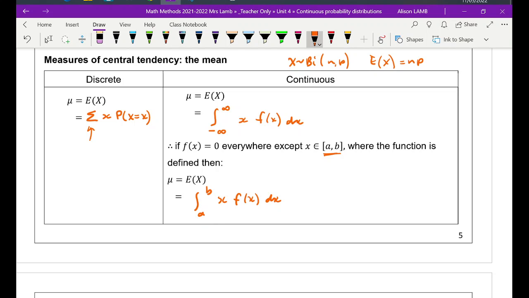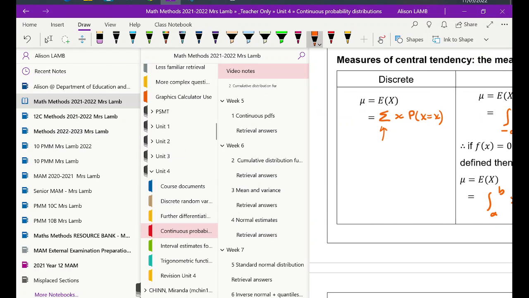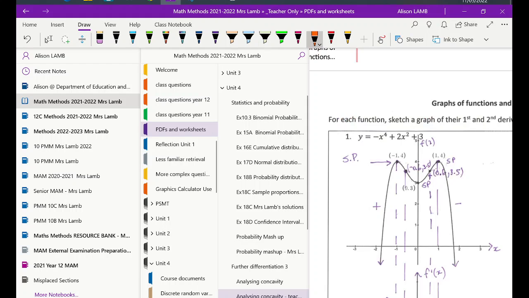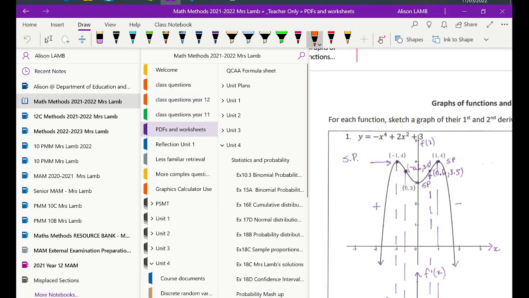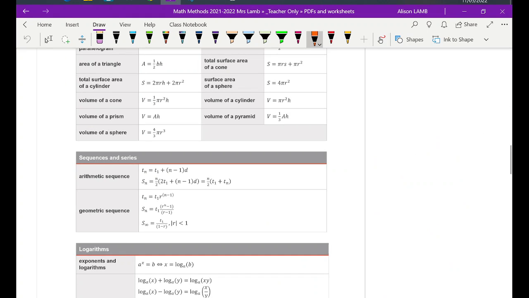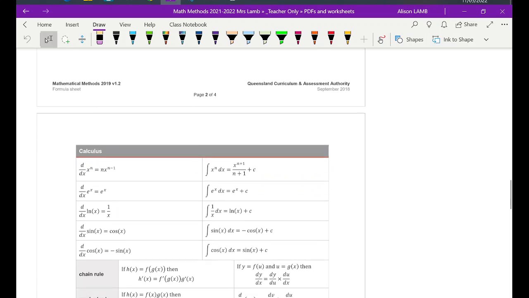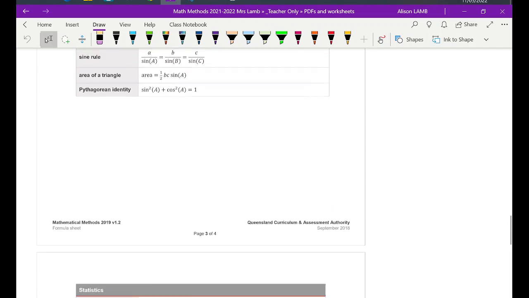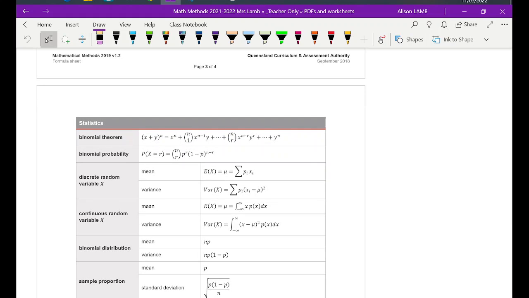Now, let's go find our formula sheet and check to see what's there. I think it's under formula sheet, PDFs and worksheets. Oh gosh, there we are, right at the top. Having a look here, under Statistics: for a discrete random variable, the mean is the sum of the probabilities times x.